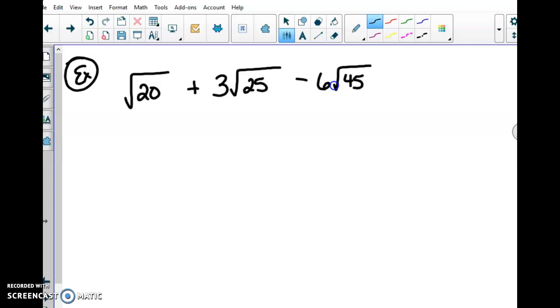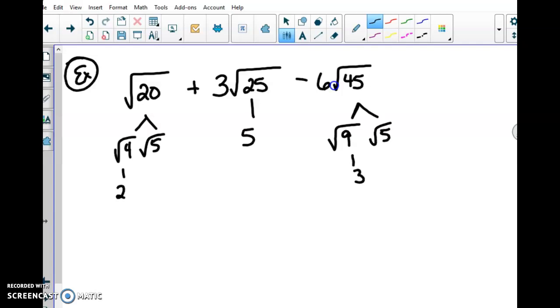Okay, so with all of these different radicals, you need to actually simplify them first. So the square root of 20 can break down into the square root of 4 and the square root of 5. The square root of 25 just breaks down to a regular 5. The square root of 45 breaks down into the square root of 9 and the square root of 5, which ends up being a 3.